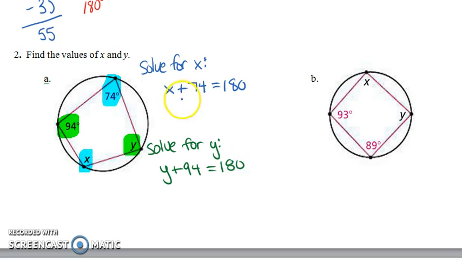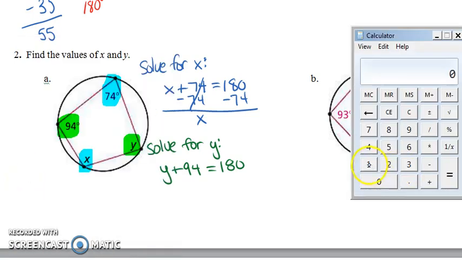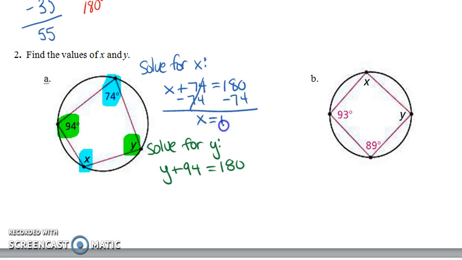So to solve for x, let's go back up here. Let's subtract 74 from both sides. And using my calculator, 180 take away 74 gets me 106, meaning x is 106.